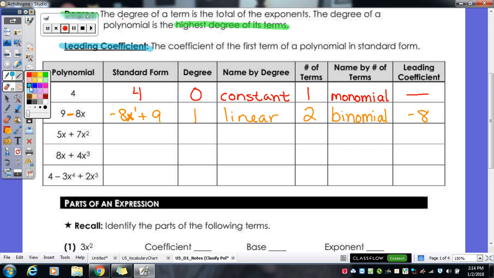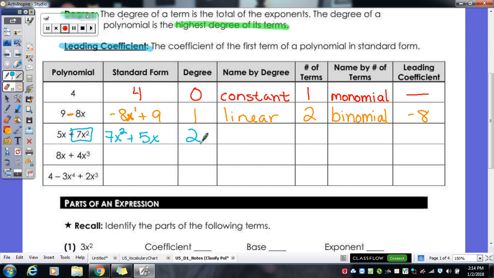Our next one, largest exponent always needs to go first for our standard form. So that means this 7x squared needs to come first, and then the 5x would come after it. That's our standard form, largest exponent first. Now that we have the largest exponent first, that tells us our degree.